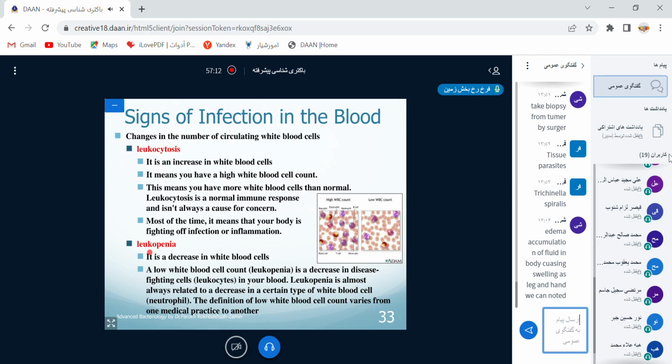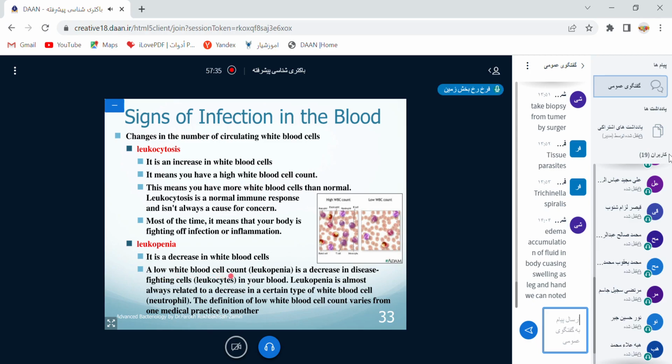Leukopenia. Leukopenia is in the opposite direction of leukocytosis. It is a decrease in white blood cells.